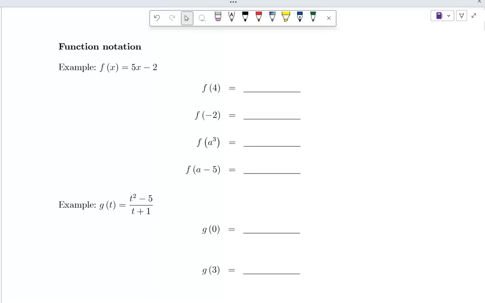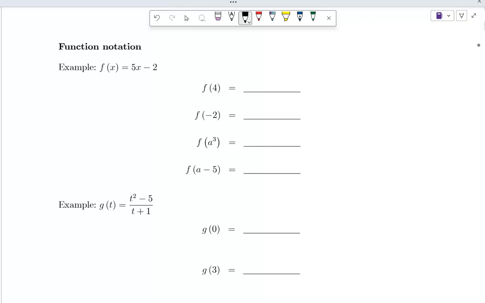It wouldn't be very useful here to try to list this out as a set of ordered pairs, because I can plug anything I want in for x, including fractions and square roots and anything else. I'm not going to have any issues. So I wouldn't want to try to list it out as a set of ordered pairs because it's literally impossible to do.